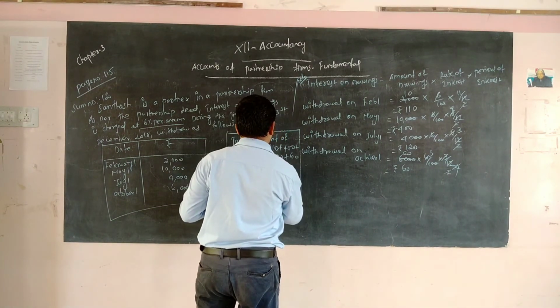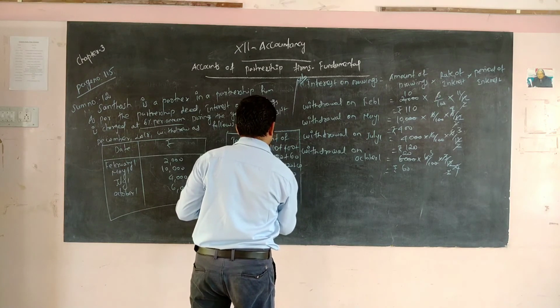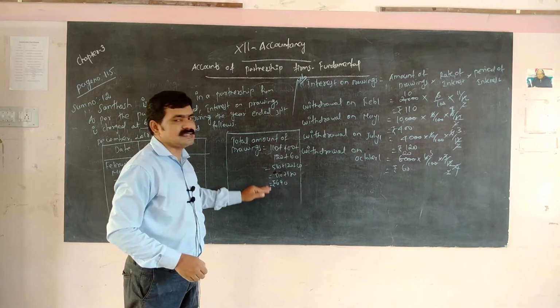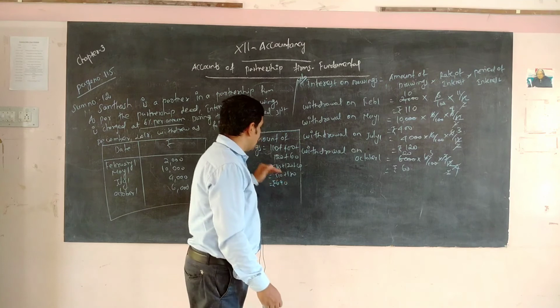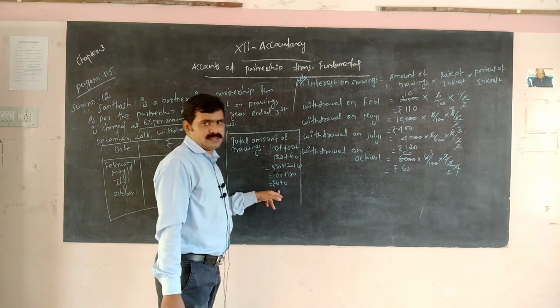So 510 plus 120 plus 60, so 510 plus 180, that is 690. The total value is 690. So the interest on drawing is 690. This is the way of calculating by this method.